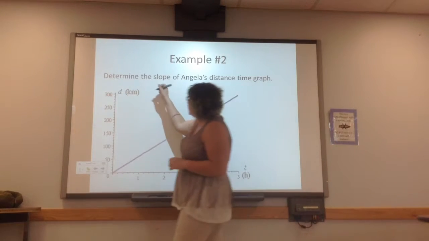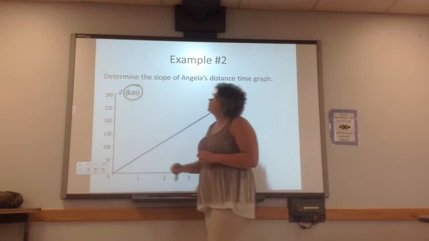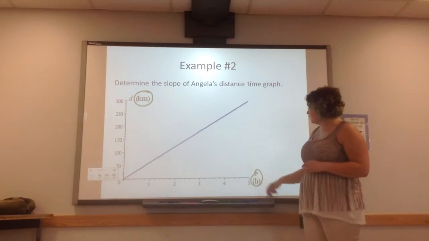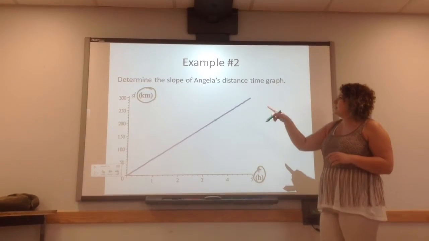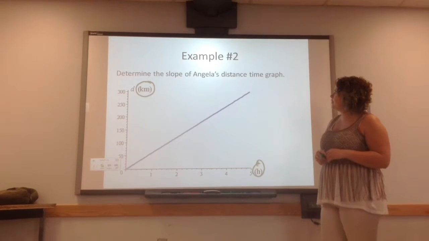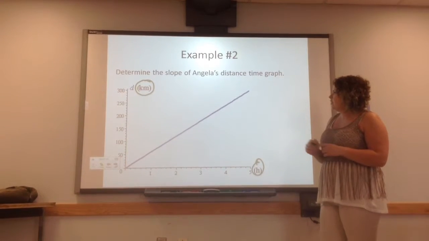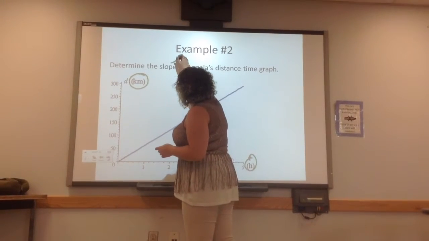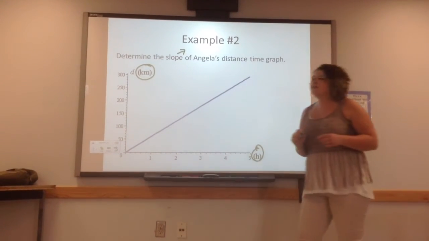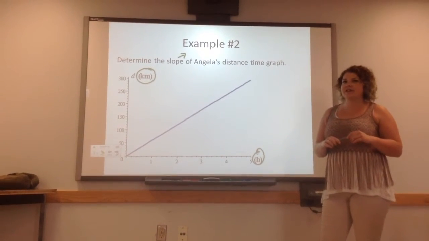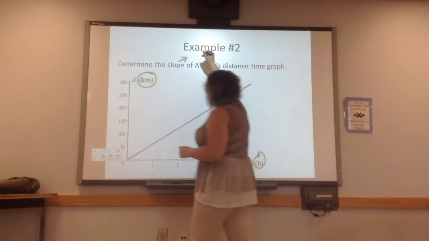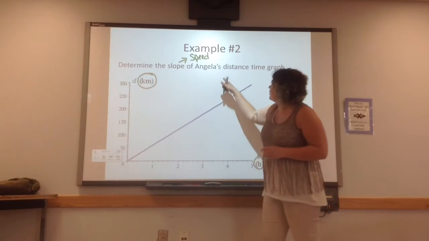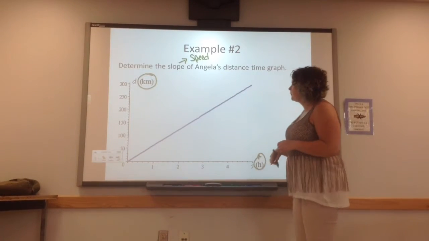This time our distance is measured in kilometers, not meters, and our time is measured in hours. So it asks us, determine the slope of Angela's distance time graph. First, before we start, what is the slope of a distance time graph measuring? Yeah, it's measuring the speed. So we're actually trying to find Angela's speed.